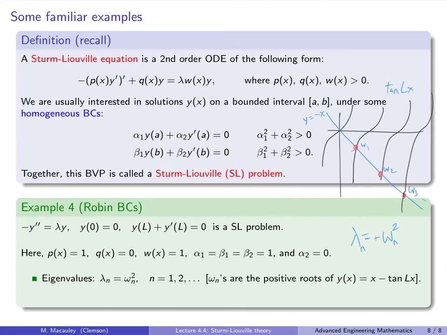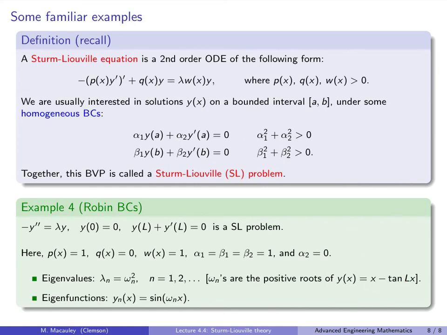So the eigenvalues are lambda n is omega n squared for the positive integers, where the omega n's are the positive roots of x minus tangent of Lx. And the eigenfunctions, once again, y_n of x is sine of omega_n x. And omega n, again, is nothing simple. It's the roots of x minus tangent of Lx.